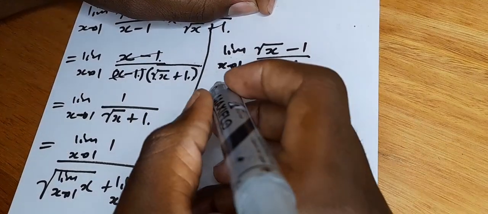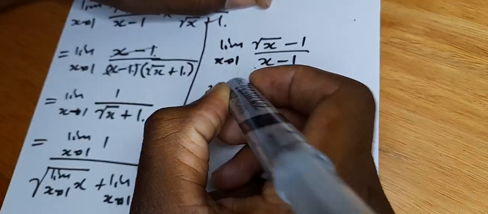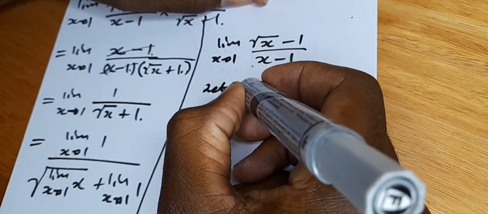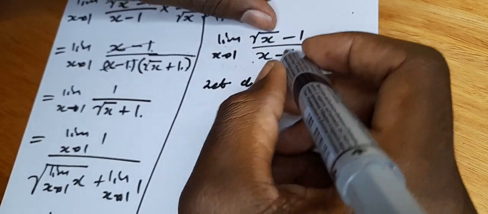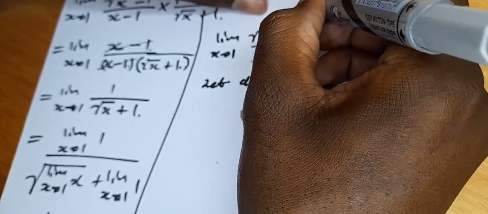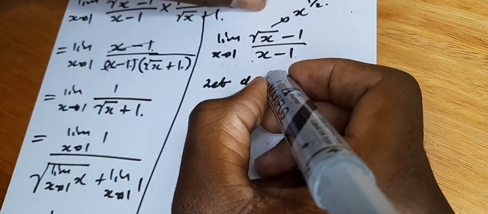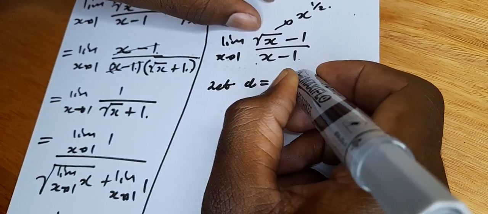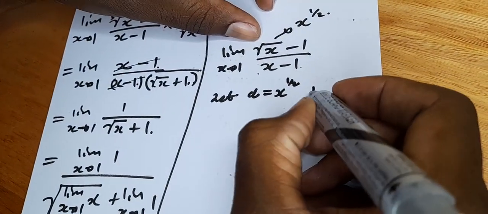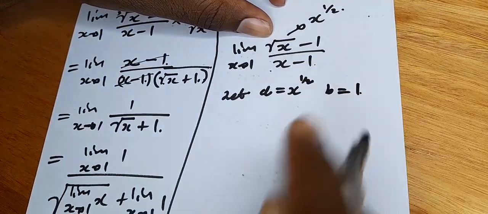In this case, you are going to let a be equal to, remember we can write the square root of x as x to the power 1 over 2. I'm going to let my a be x to the power 1 over 2, and my b be equal to 1.